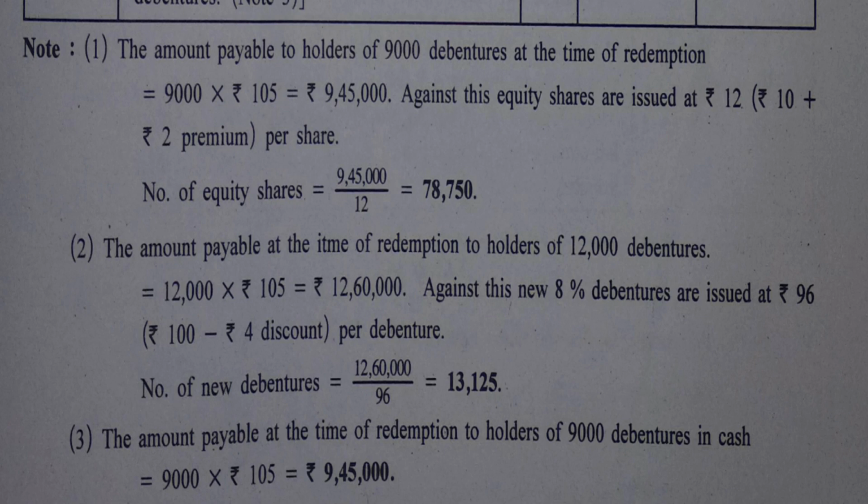Instead of this, new debentures are issued, and the price of which is 96 rupees after a discount. So how many new debentures are to be given against the amount payable 12,60,000? 12,60,000 by 96. So 13,125 debentures are to be given in exchange of 12,60,000 rupees. Yes, at rupees 96.